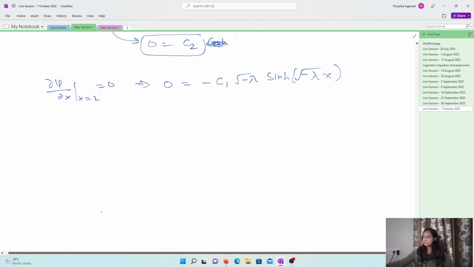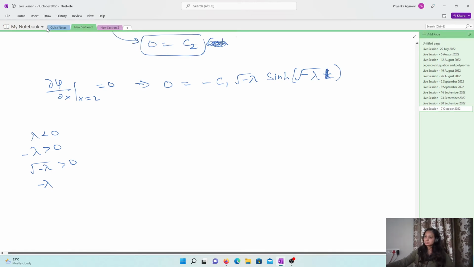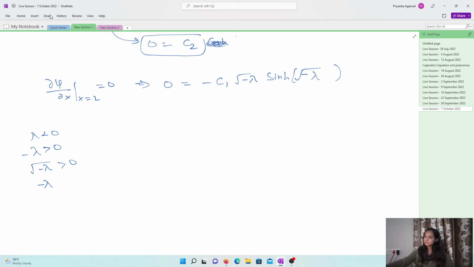Okay. Now as we did in the first example, we do the same thing here. Now we know that lambda is less than 0. Minus lambda is greater than 0. Right? Therefore, root of minus lambda is greater than 0, and root of minus lambda L is greater than 0. Okay.